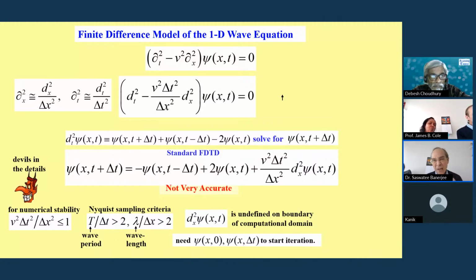Similarly, for the time step, I can't remember exactly how many picoseconds it would be, but let us suppose the wave period is 1,000 picoseconds, and then I discretize so that delta t is 100 picoseconds.